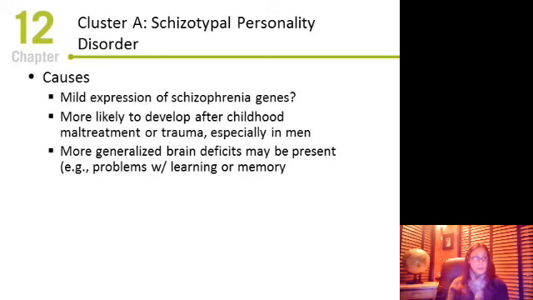They say it's more likely to develop after childhood maltreatment or trauma, especially in men. So someone is more likely to develop schizotypal personality after some kind of trauma or maltreatment in childhood, and they found that was especially so in men.